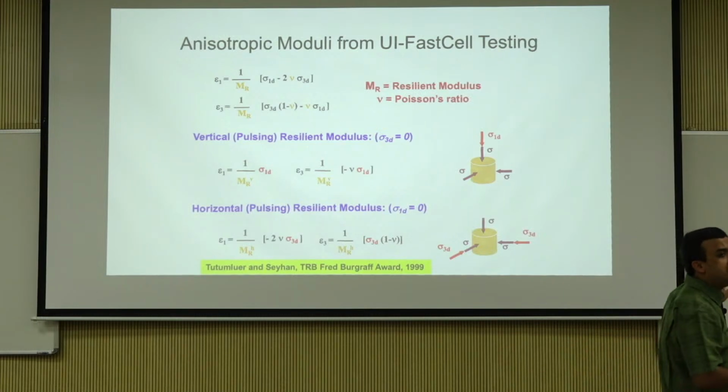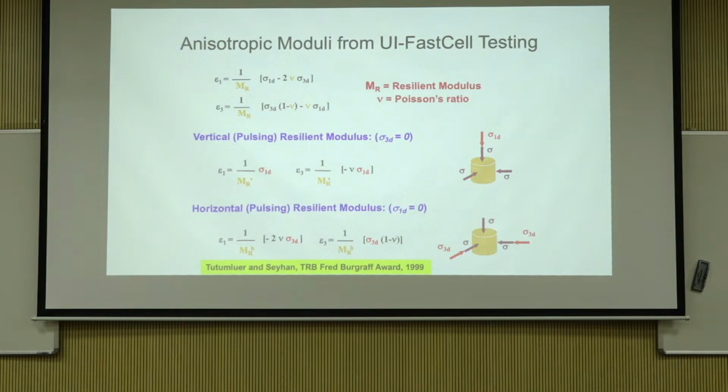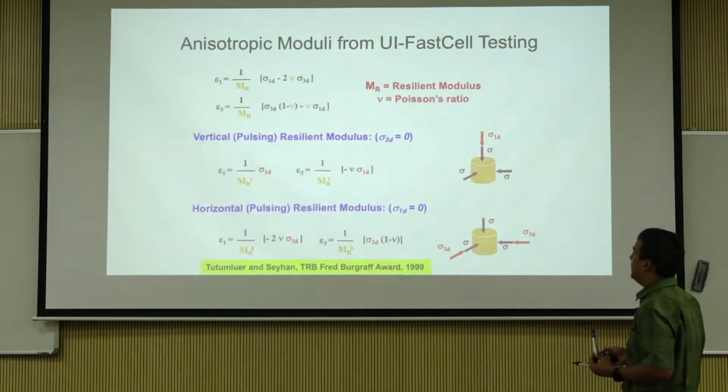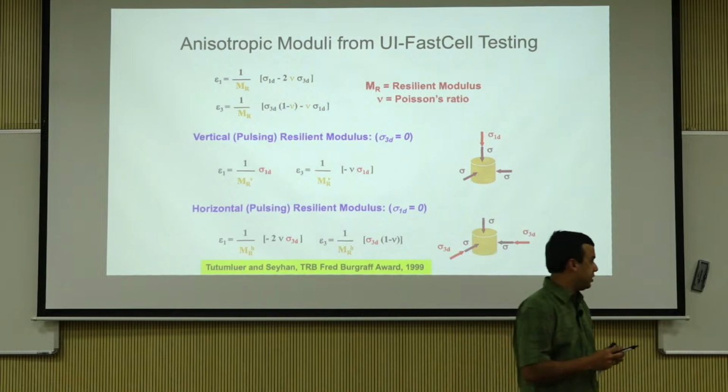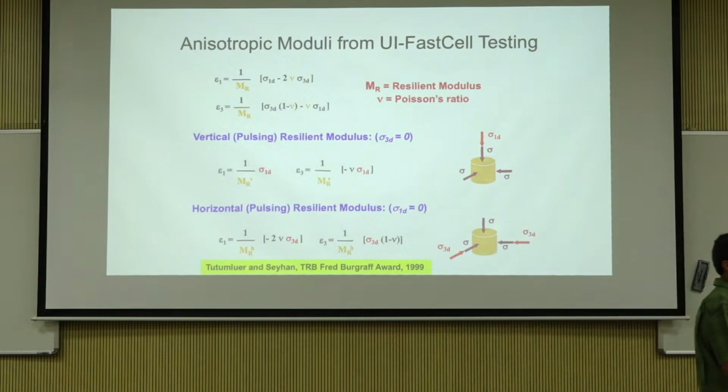Is this a very common test method? Absolutely not. If you take the entire world, there are maybe 4 or 5 pieces of test equipment that can do something like that. But that's basically where the science should be going in terms of characterization, in terms of anisotropy. And the GT-PAVE, that was written by Professor Errol Tutumler when he was a PhD student, actually has the ability.